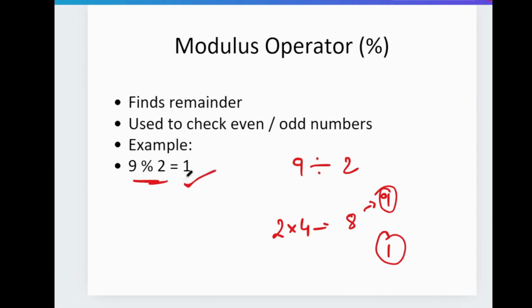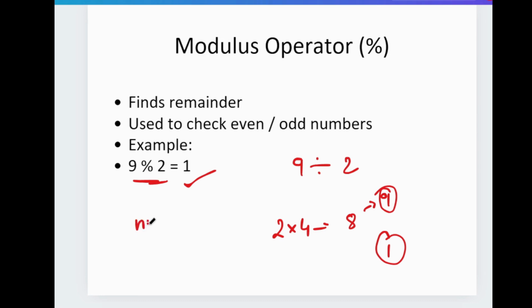Now why do we need the remainder? When you are checking for an even number or odd number, the condition says that if the number is completely divisible by 2, it's an even number. If the number is not divisible by 2, it means it's leaving a remainder, right? So the case where it is leaving a remainder, it will be an odd number. The condition goes like this.